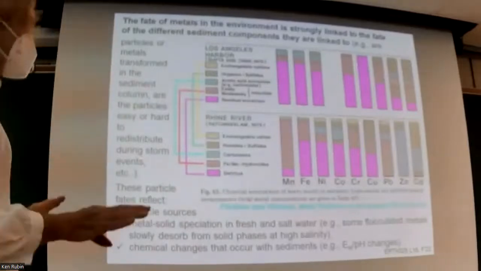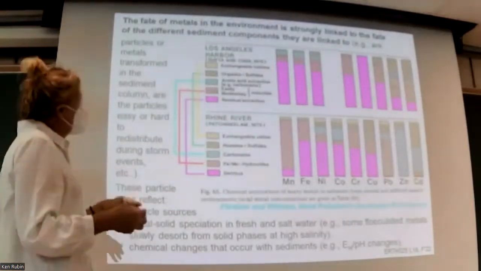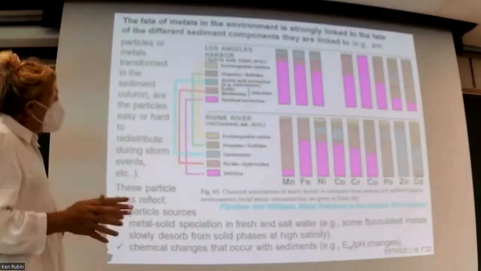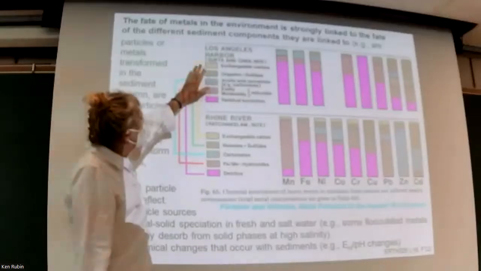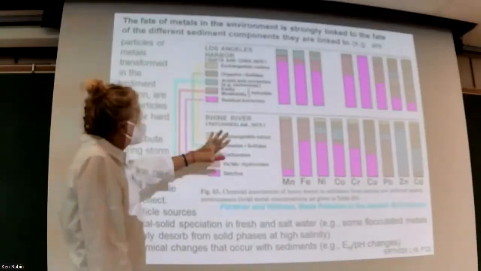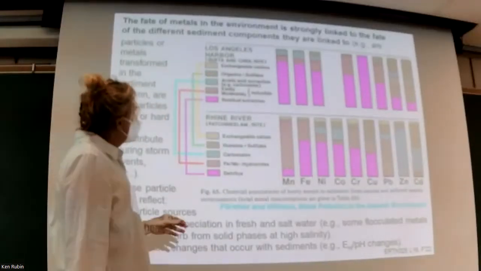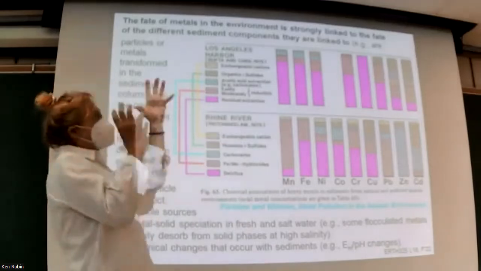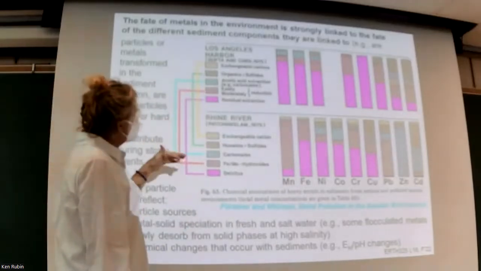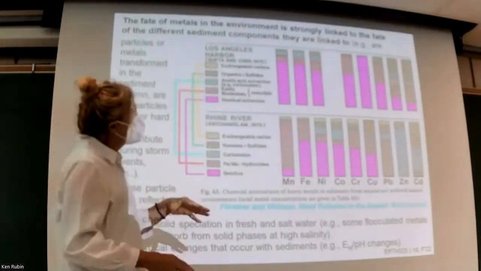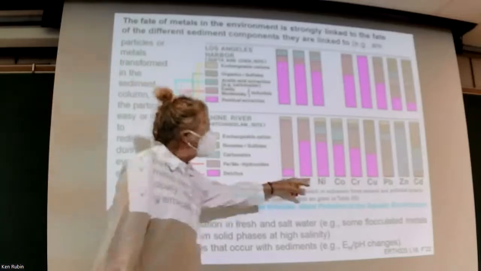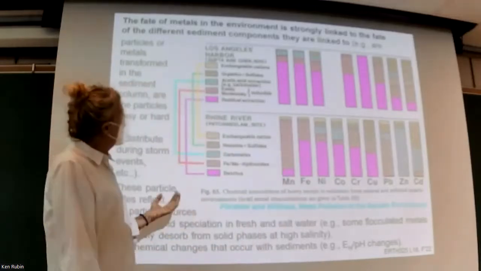I'm going to show you some results of that now. This is some successive extraction work done on two things: some particles in Los Angeles Harbor and some particles in the Rhine River. I've color-coded them to make things stand out for different phases in the particle content. They show how much different elements are distributed.